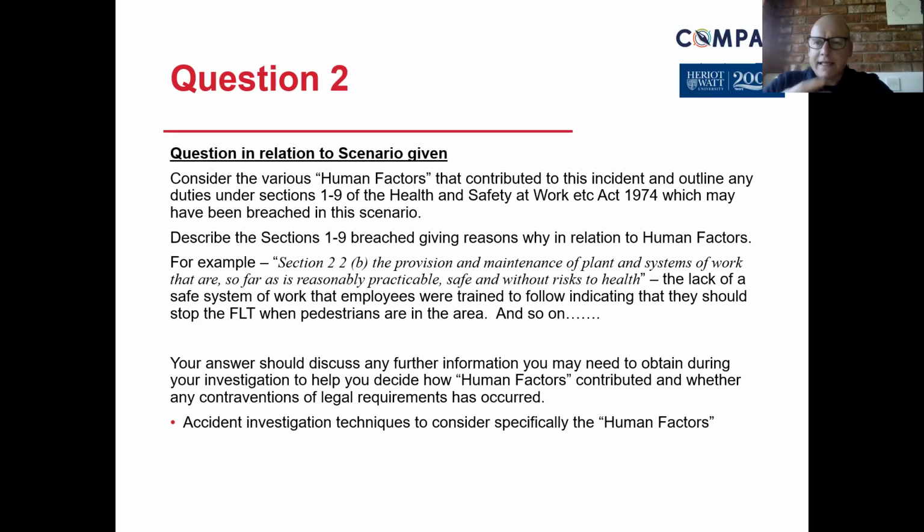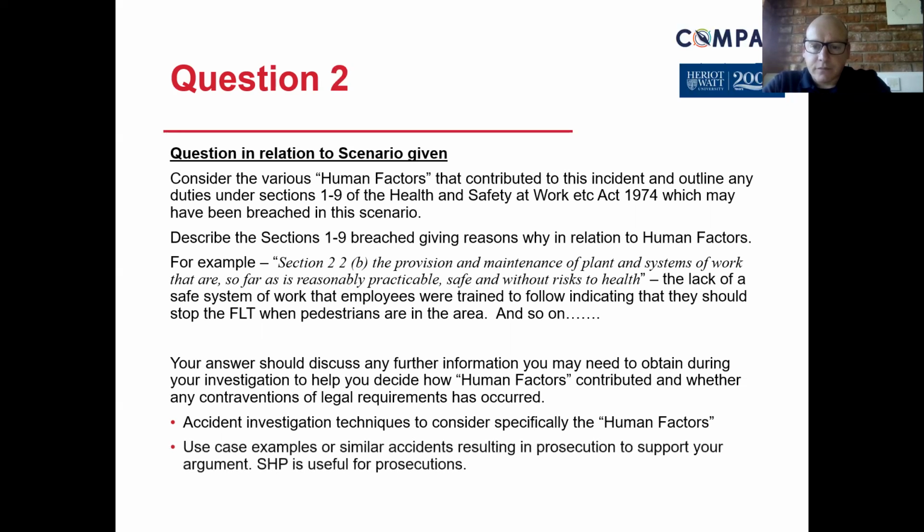So you can go into quite some detail about these factors, but in this specific answer, I'm looking for the links to how, if you were doing the investigation, you would draw out and discuss those human factors, not just the obvious causes of the incident itself.